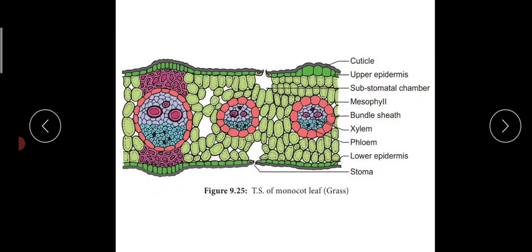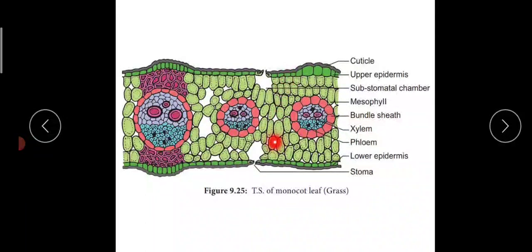Then the next layer is mesophyll. Mesophyll is the layer extending between the upper and lower epidermis, and since the leaf is isobilateral, it is not differentiated into palisade and spongy layers, as we can see in dicot.